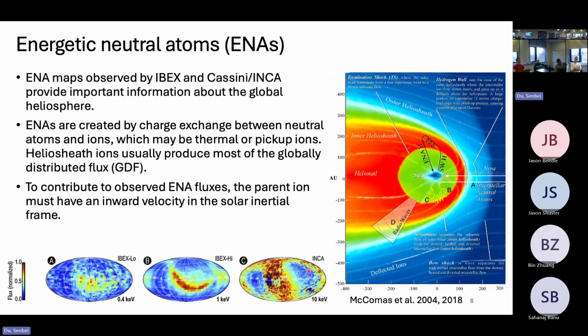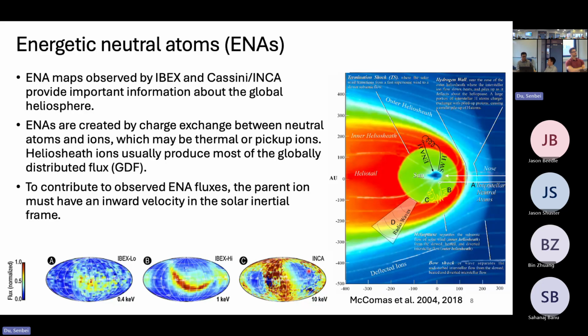And so another important observation is the energetic neutral atoms, which many of you may be familiar with from IBEX or IMAP. These energetic neutral atoms are created by charge exchange between neutral atoms and ions, and the ions may be either thermal ions or pickup ions.